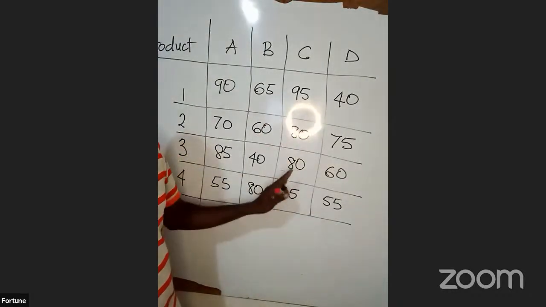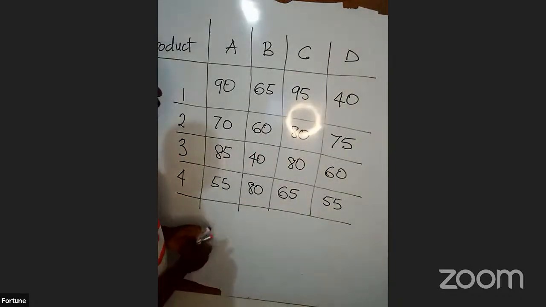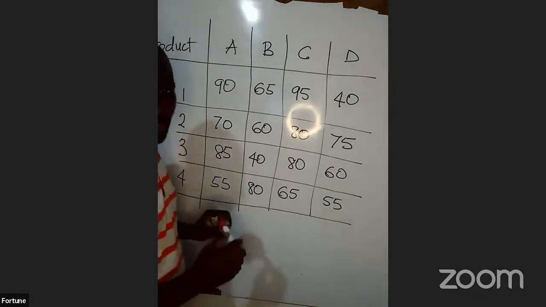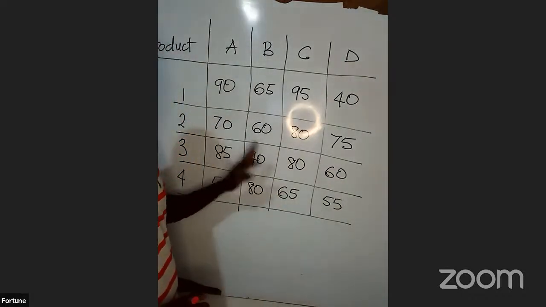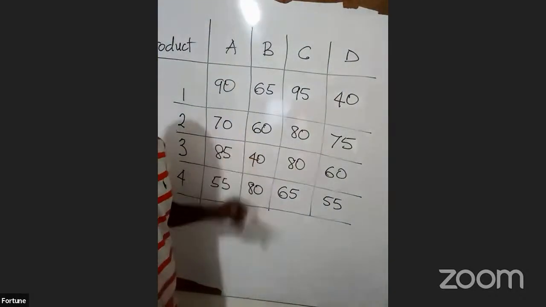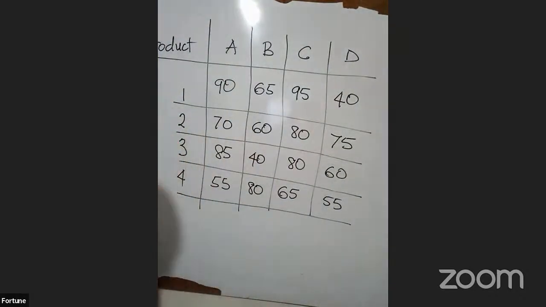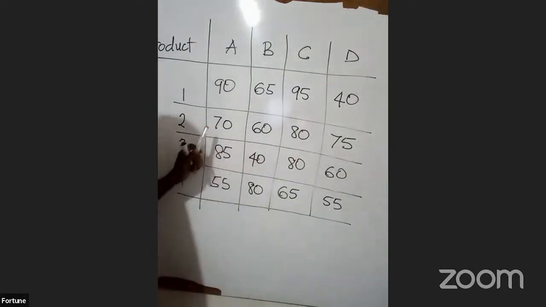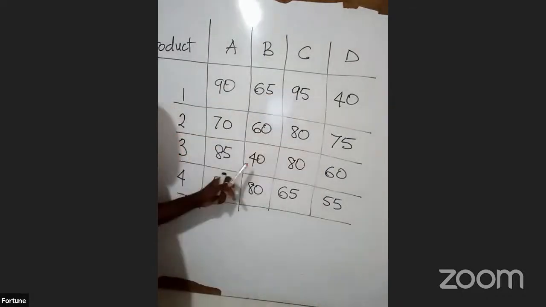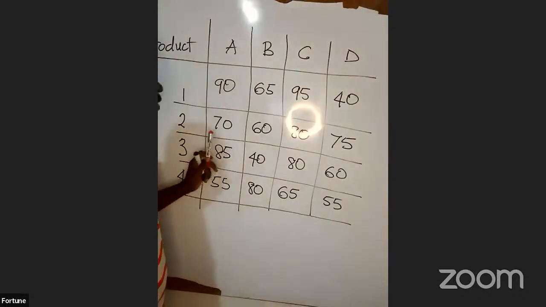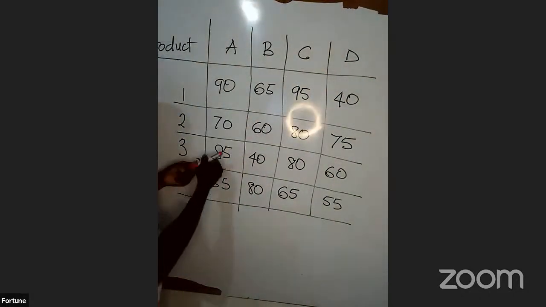Because this is a maximization problem, the first thing you need to do is to convert it to a minimization problem. And how do you do that? You first look for the highest of these elements given. Which of these is the highest? Out of these, 95 is the highest.